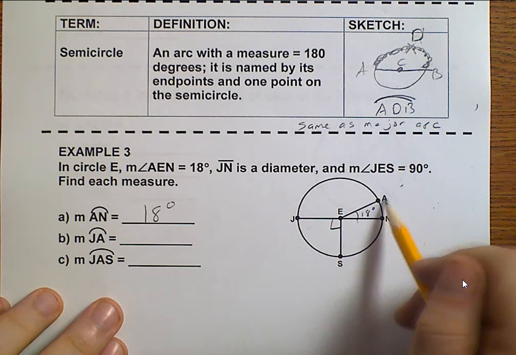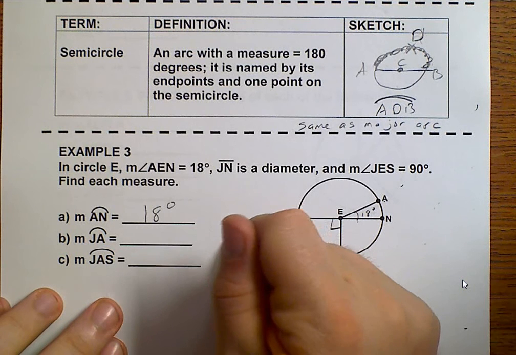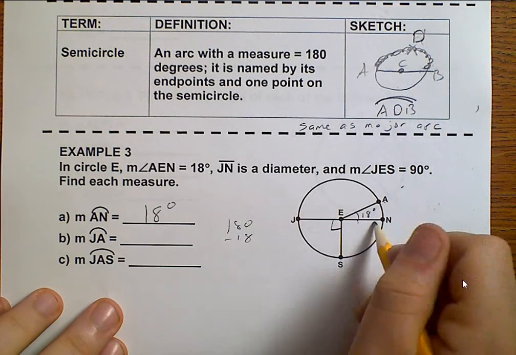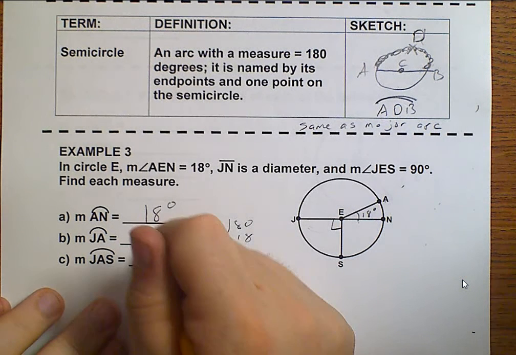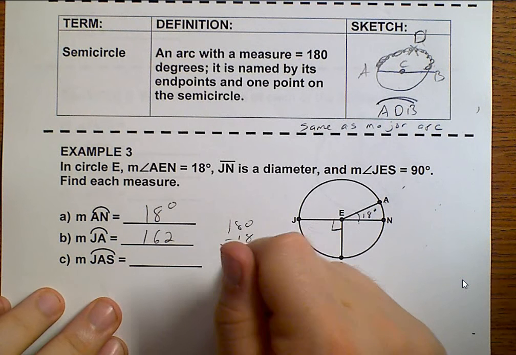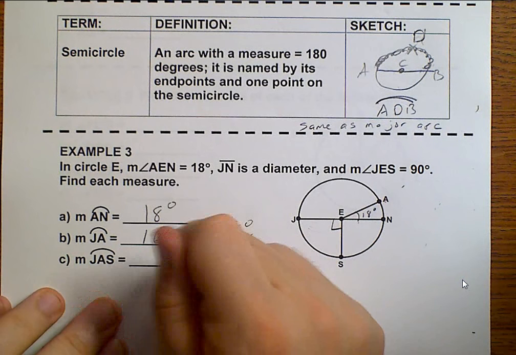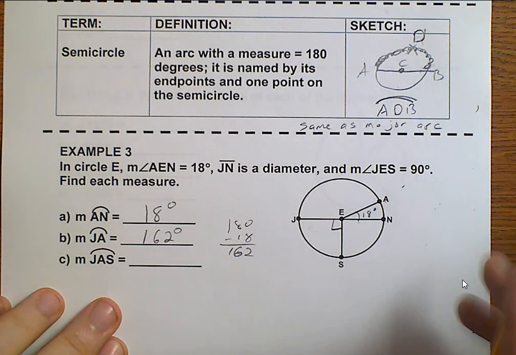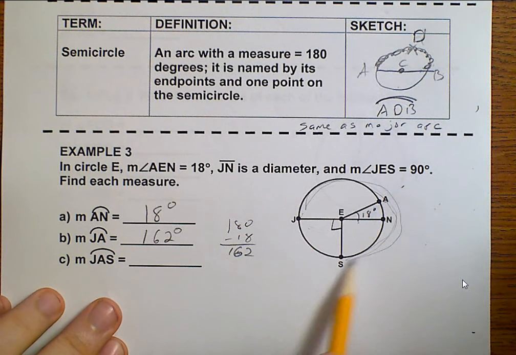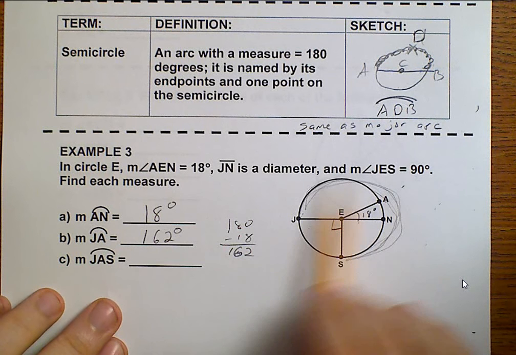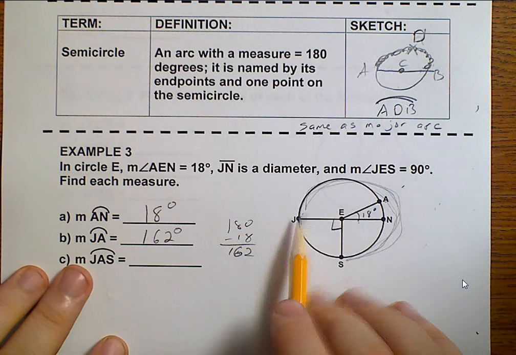JA, that would be 180 minus the 18, which gives us 162. And then JAS, we know it's got to be all of this because of the way it's named, would be 180.